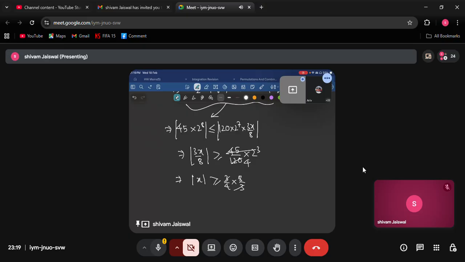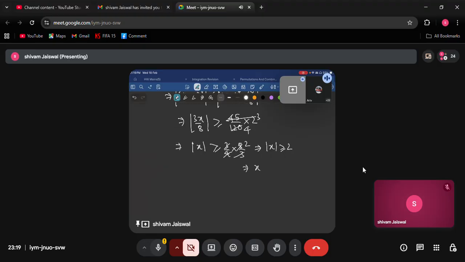That is, mod of x is greater than or equal to 2. So what does it imply? It implies x belongs to minus infinity comma minus 2 union 2 comma infinity. Tell me, Shwankit, are you getting? This is one of the inequalities you'll get. Okay.